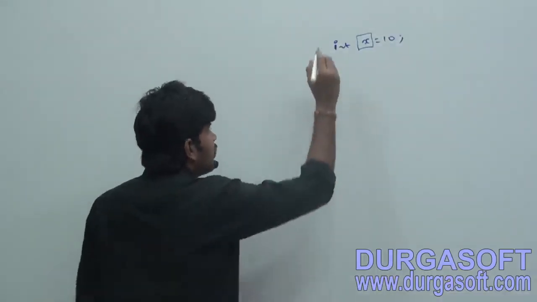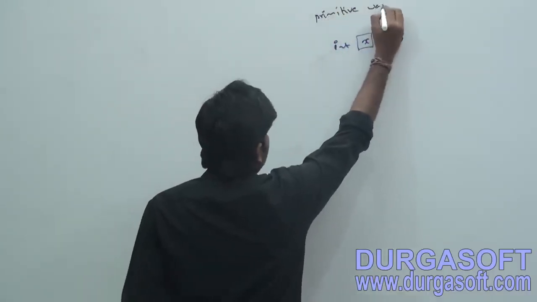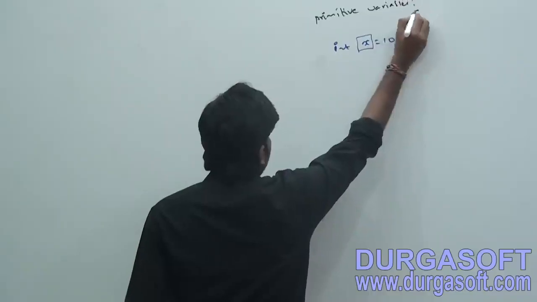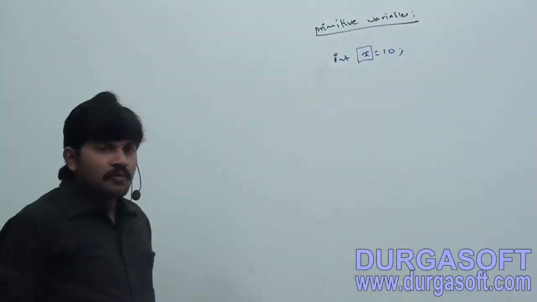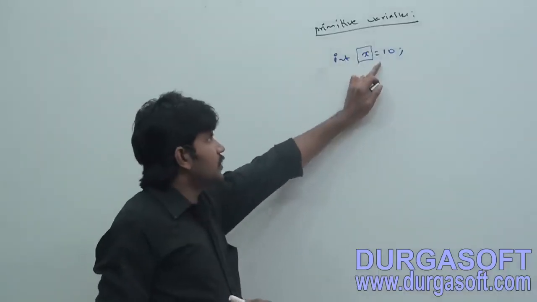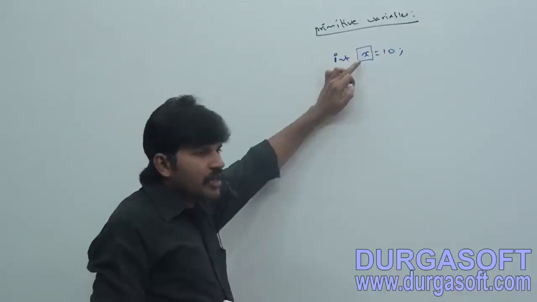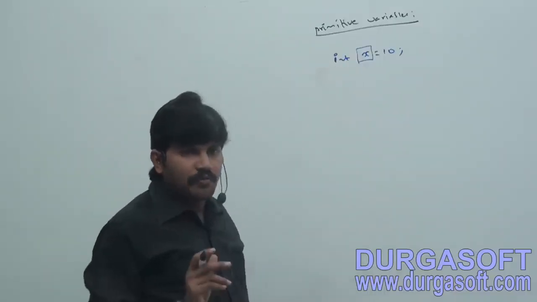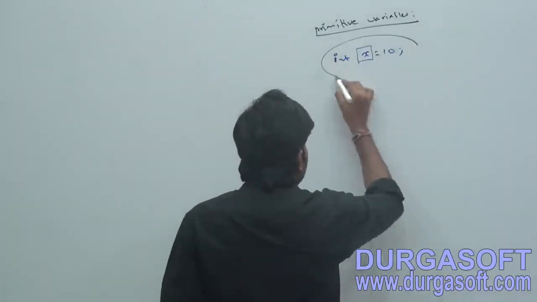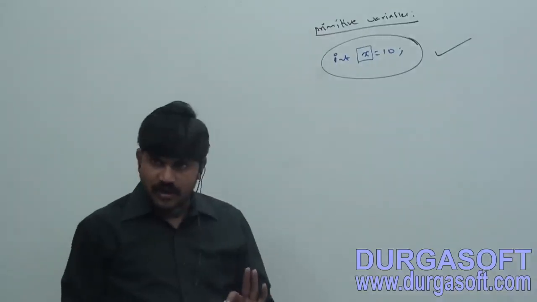This type of variable is by default considered a primitive variable. There are some variables which can be used to represent primitive values. Such variables are by default considered primitive variables, right? Is it clear for all of you?